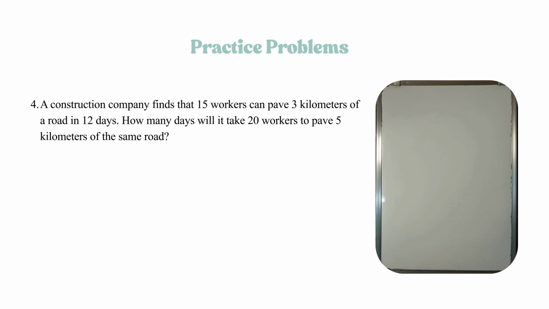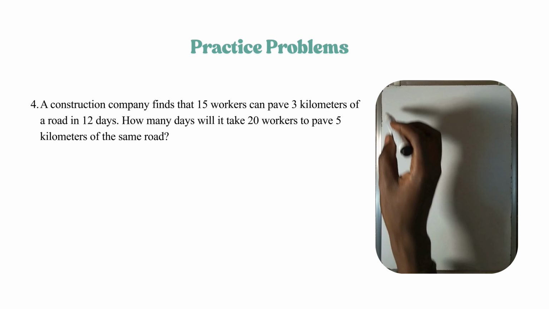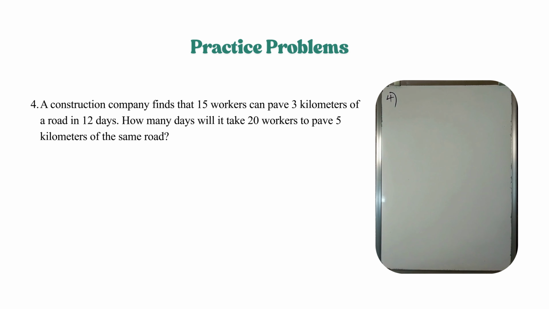Let's look at number 4. A construction company finds that 15 workers can pave 3 kilometers of a road in 12 days. How many days will it take 20 workers to pave 5 kilometers of the same road? So in this case, we have workers.